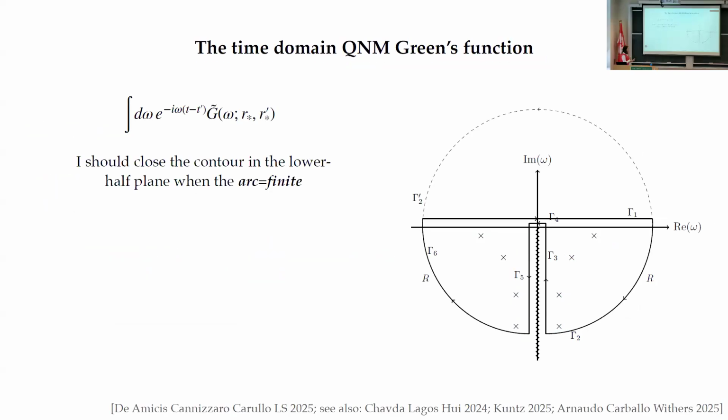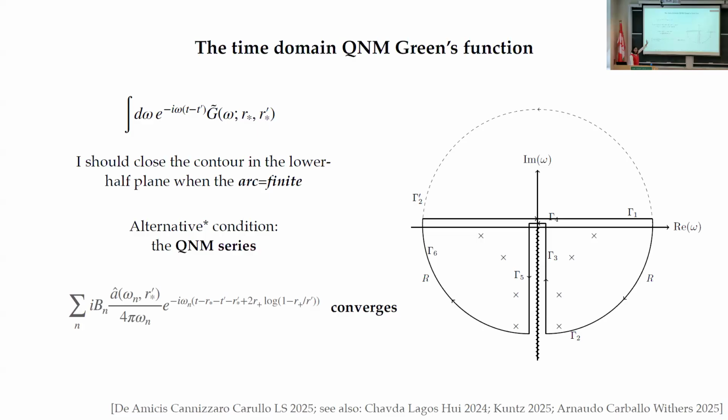However, this idea that we would always close the contour in the lower half plane is not quite right or quite useful, because really we want to do that only when the integral over the arc is 0 or at the very least finite, rather than expressing our original integral as a sum of divergent contributions.